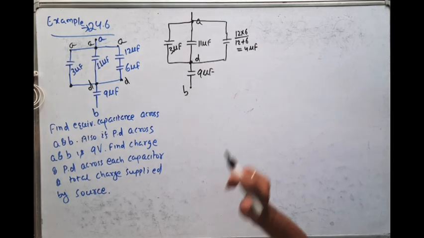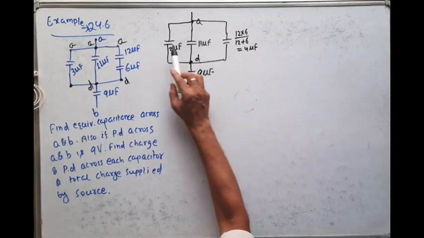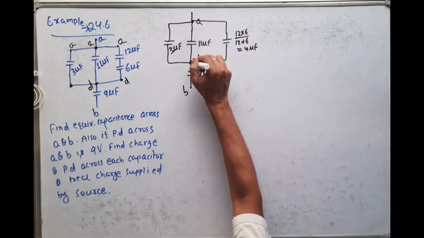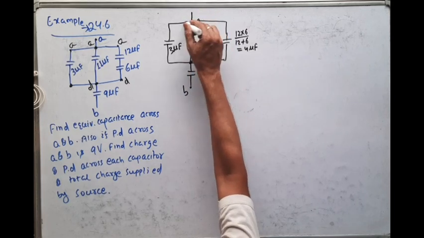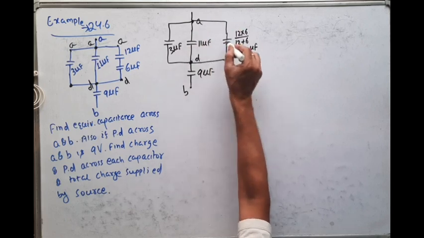So now again we have to reduce. You see, 3, 11 and 4 are all connected in parallel across the A and D path. In between A and D, this is one path, this is the second path, this is the third path. All are connected in parallel.